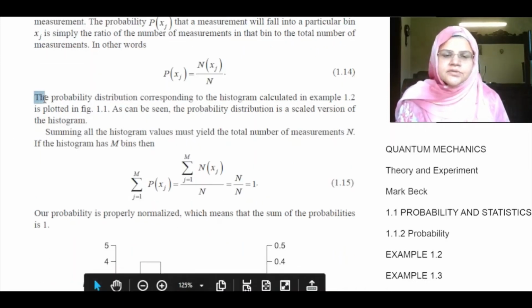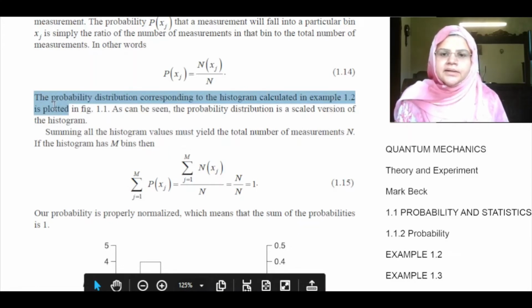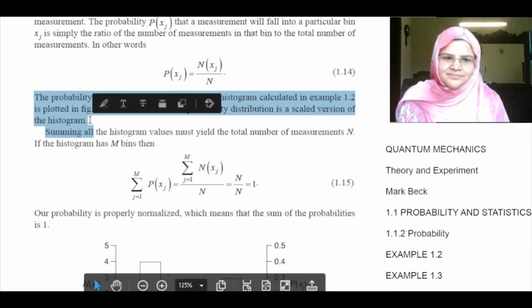The probability distribution corresponding to the histogram calculated in example 1.2 is plotted in figure 1.1. As can be seen, the probability distribution is a scaled version of the histogram.